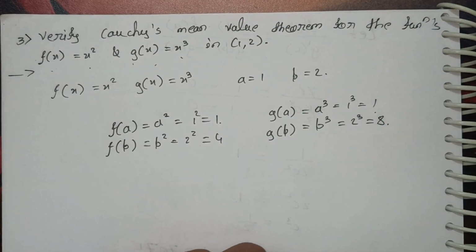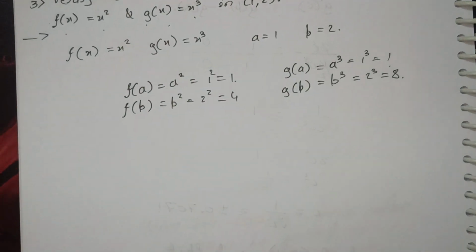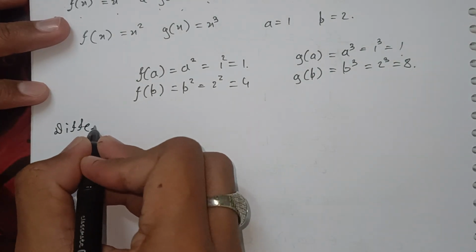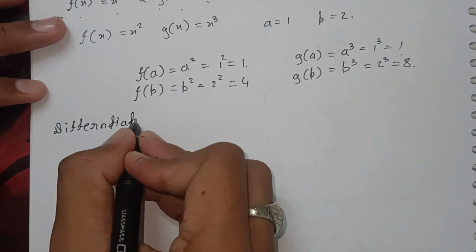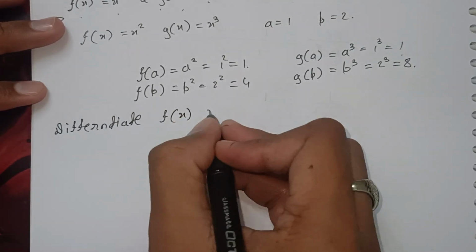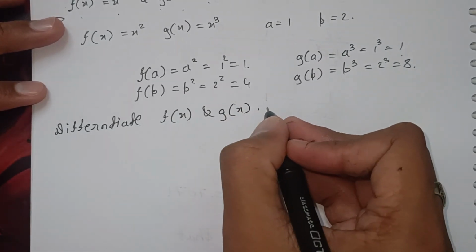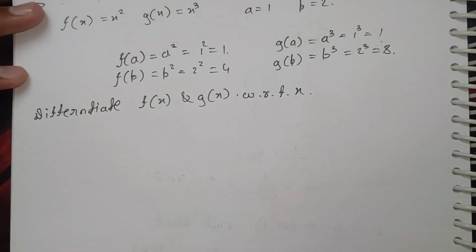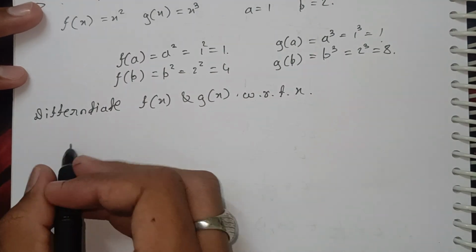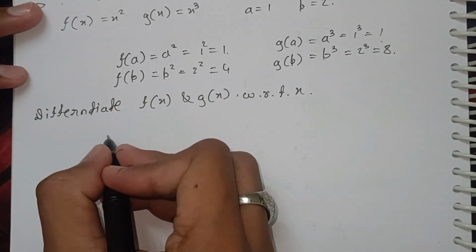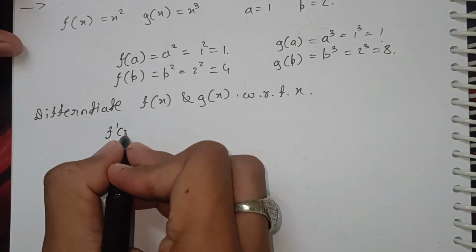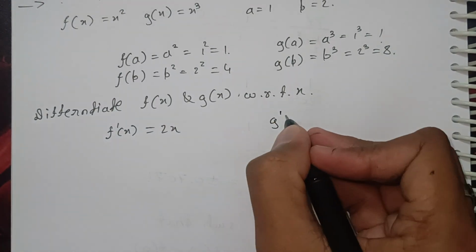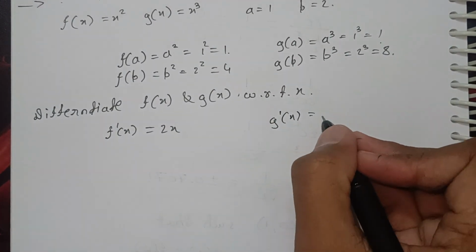So now we have to get the differentiation of f of x and g of x. So now first differentiate f of x and g of x with respect to x. After differentiation, f dash of x is 2x, and g dash of x is equal to 3x square.